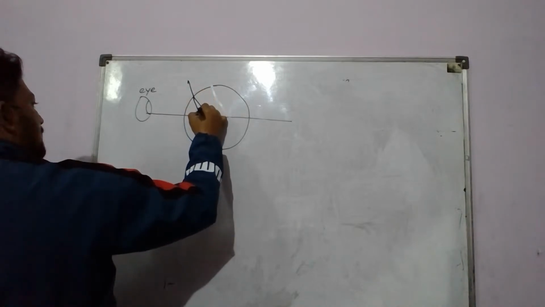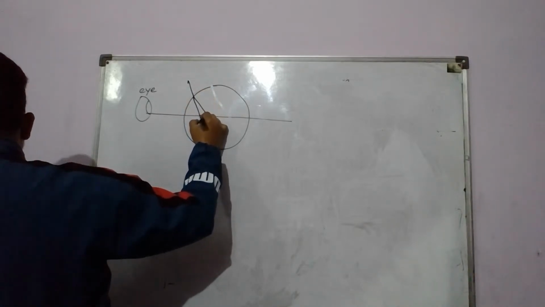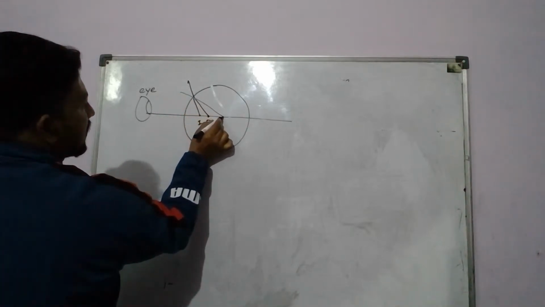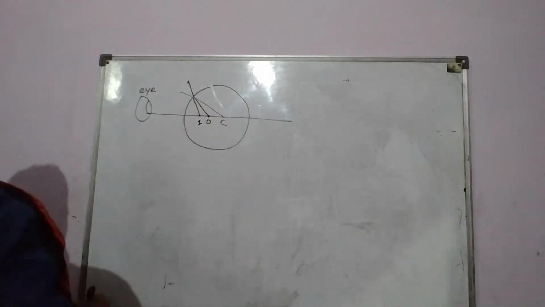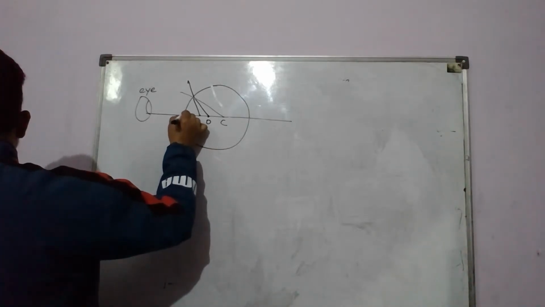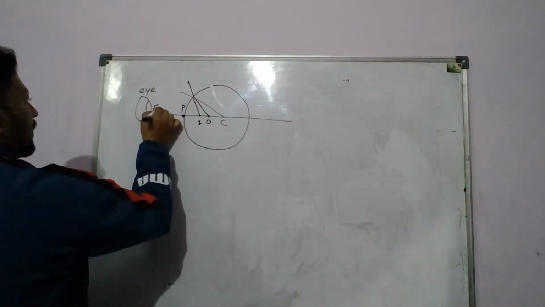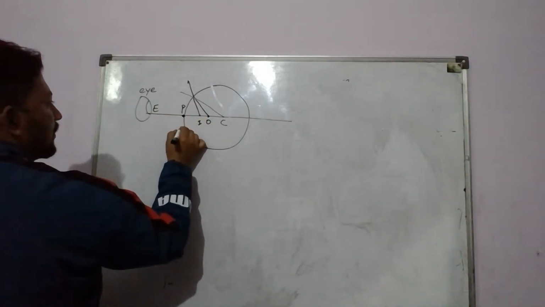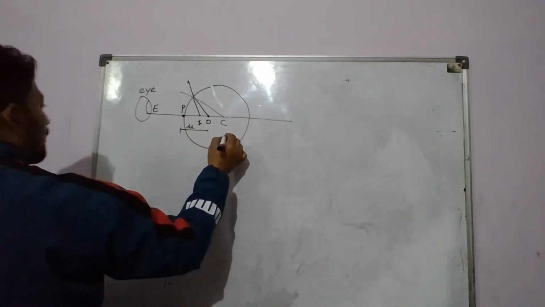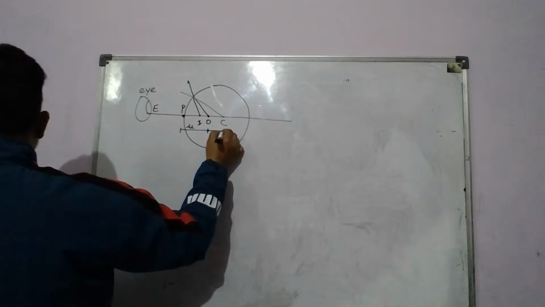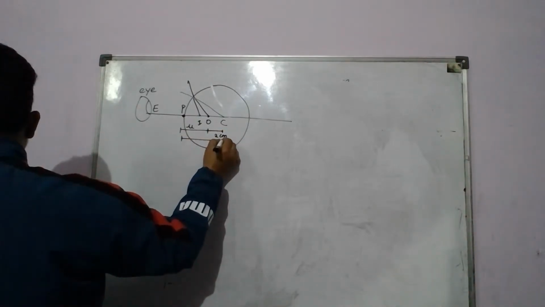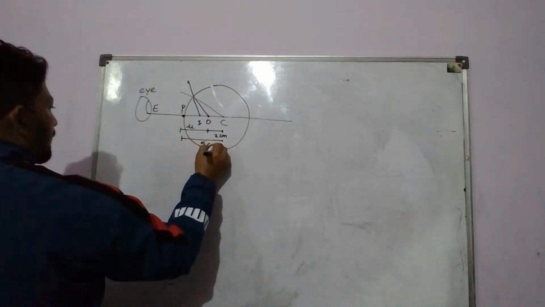The image is formed here, I, and this one is the center of curvature, C. This is your pole P, this is your object U, and the distance between the object and the center of curvature is 2 centimeter, and the radius is given as 5 centimeter.